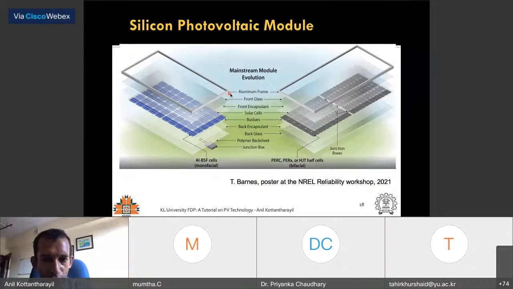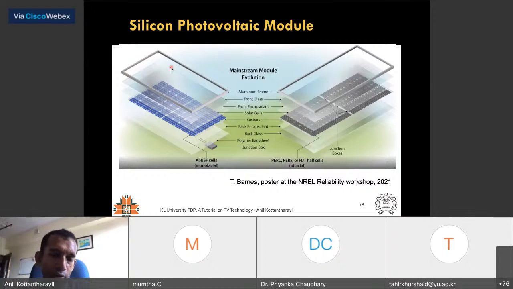You have front side glass and then an encapsulant. So this would be the closest thing to the solar cell. And then on the back side you have a backside encapsulant and a polymer backsheet. And of course, there is an aluminum frame.